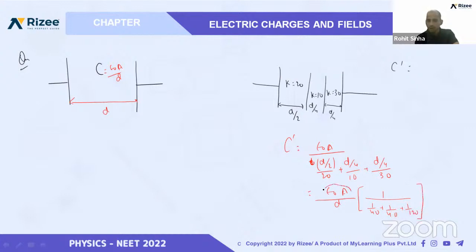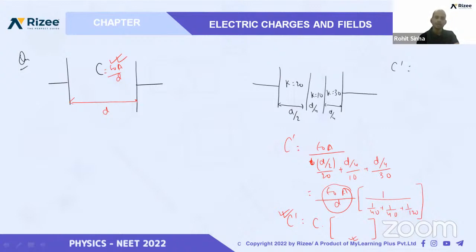This is the value with the capacitance C originally given. You will put C dash equal to C into this factor. Solve this factor and put the value here. You will get the answer. Any problem? Should I solve it? Any confusion here? Clear? Okay.